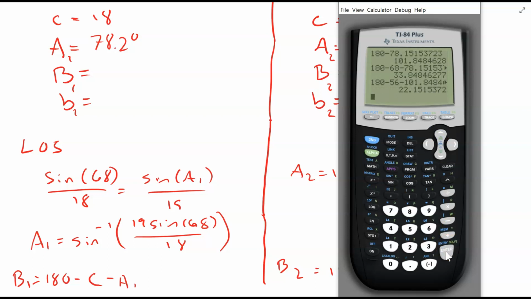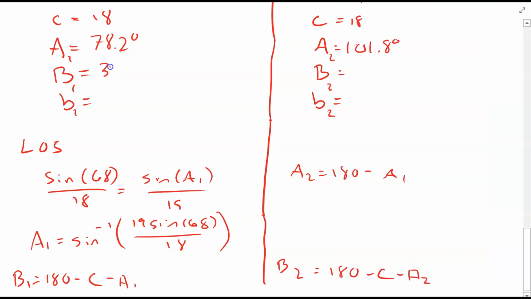So I have 33.8 and then 22.2. Okay. So that's not too bad, just using triangle sum theorems there.